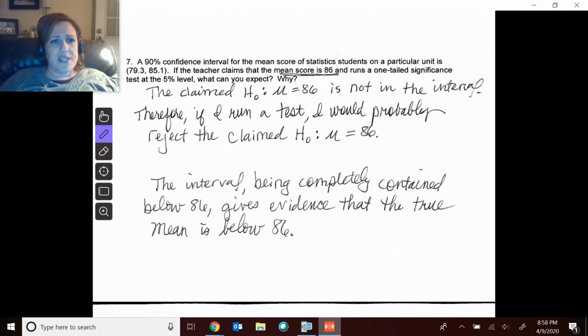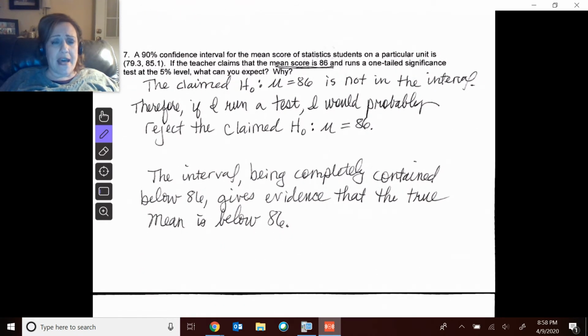All right, number 7. Here we have this interval and the claimed score. So that null hypothesis, or claim, is 86. Well, what do you notice about the connection between that interval and 86? The key thing you're supposed to recognize is that 86 is not in that interval we made.